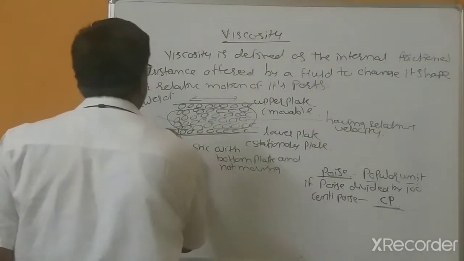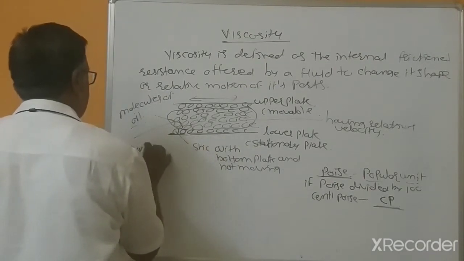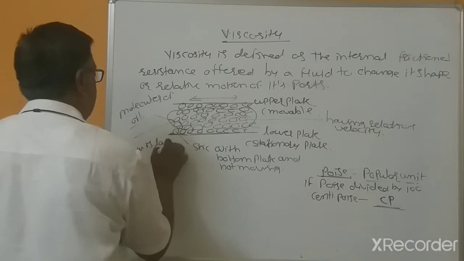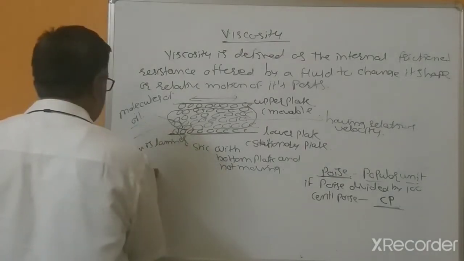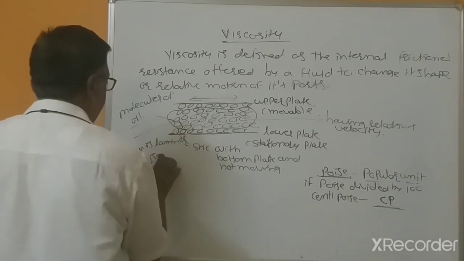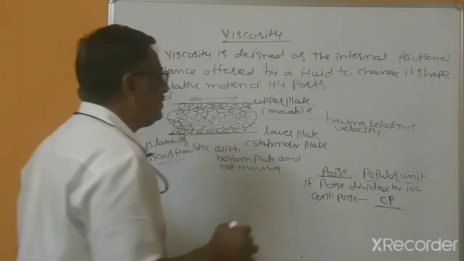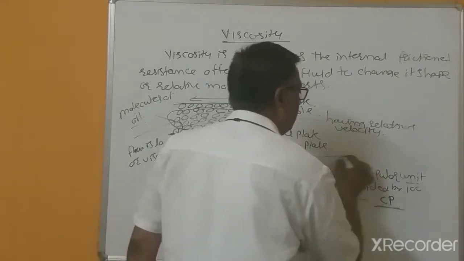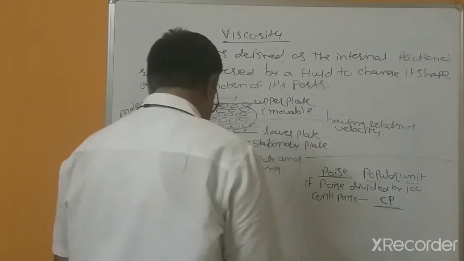And this flow is a laminar or viscous flow. So the popular units are centipoise or poise.